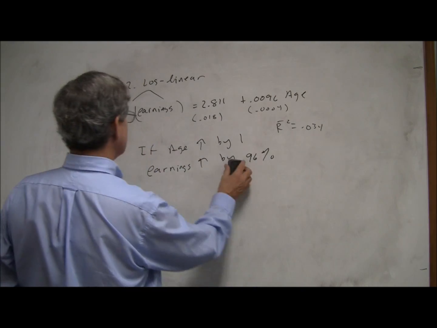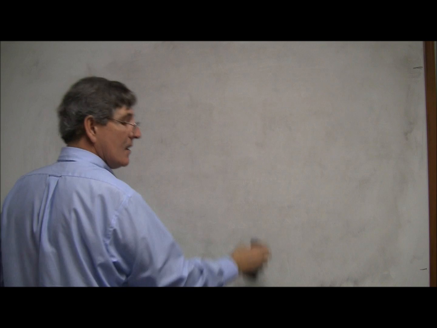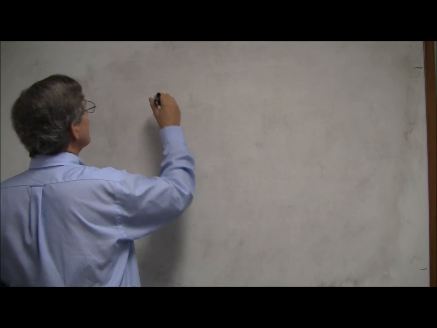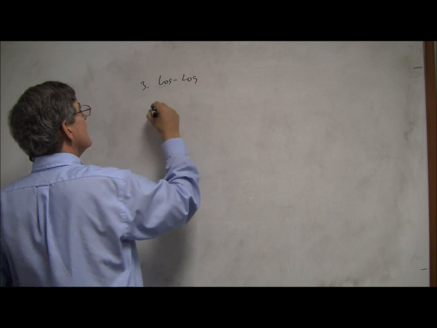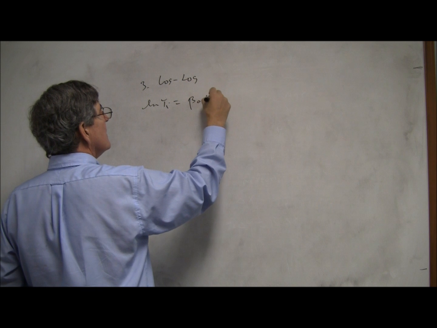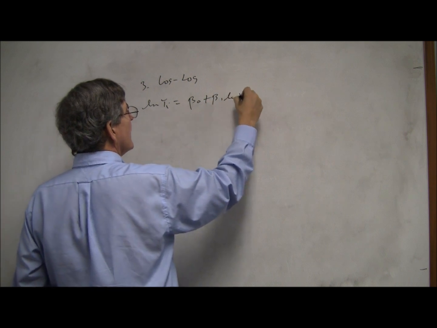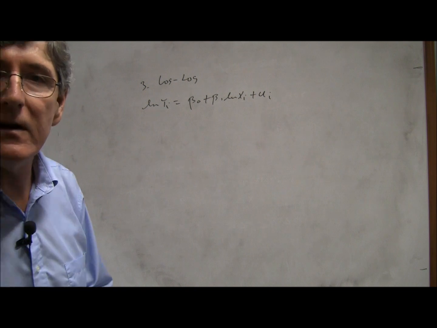In the third case, probably the most common use of the log models is the log-log. So the third case is log-log. Log yi is beta 0 plus beta 1 log xi plus ui. So that would be our third example.